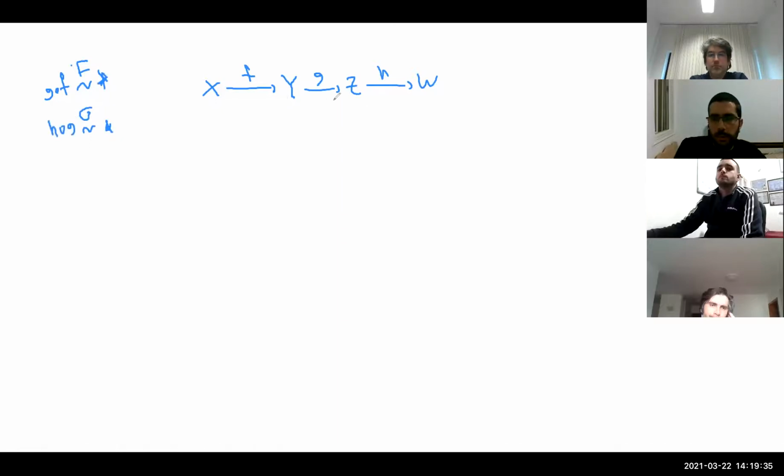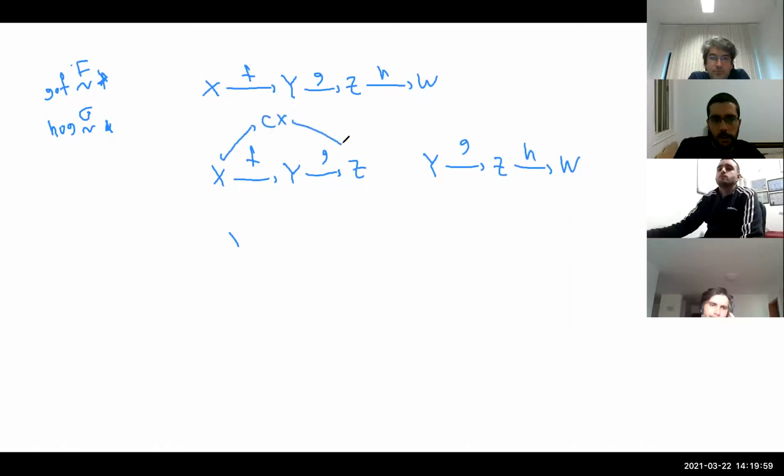So I want to look at it as separated, like this. Because of the null homotopies, we have two squares here: this square because of this null homotopy, and this square because of this other null homotopy.